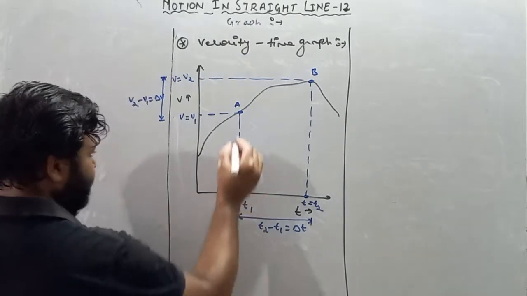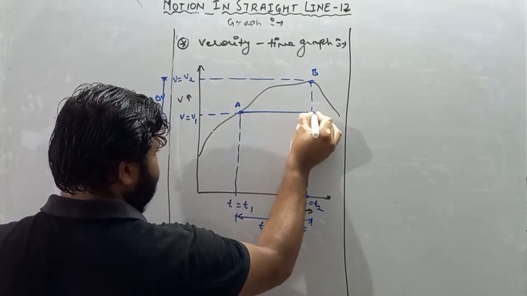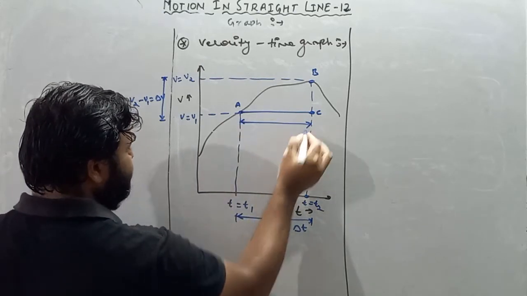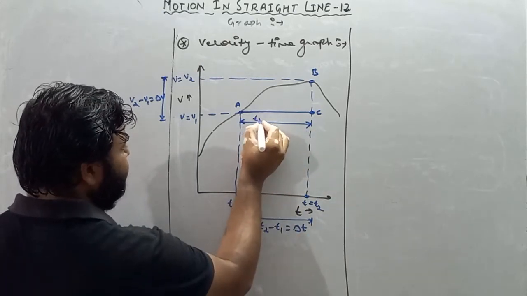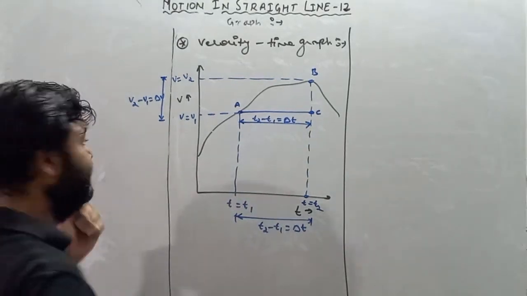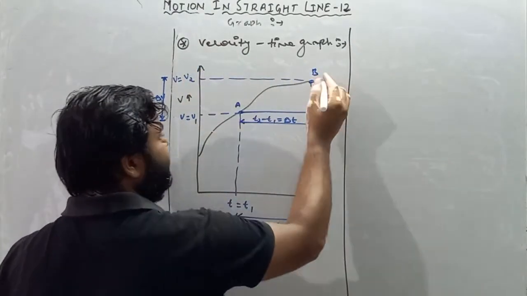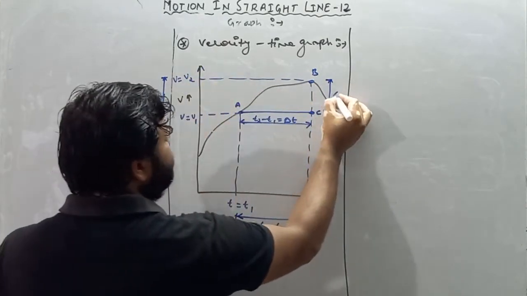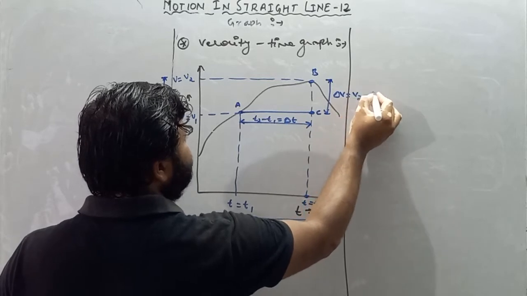Now let's make another point here. See, this line and this line are parallel to each other. So if this line is t2 minus t1, then this line is also t2 minus t1, which is delta t. Similarly, this line and this line are parallel to each other. So if this line is delta v, this line is also delta v, which is v2 minus v1.